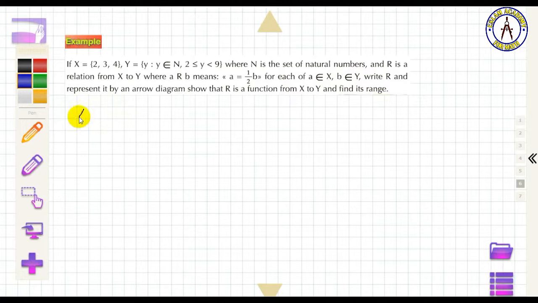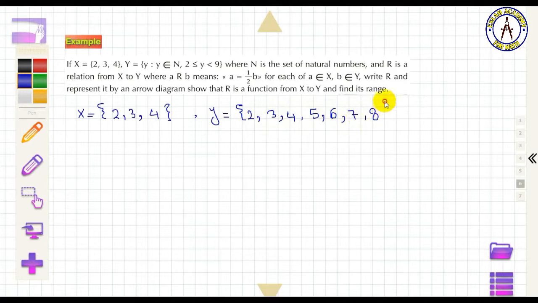At first we have to write the two sets. x equals 2, 3 and 4, and y equals all elements from 2 to 9, then it will be 2, 3, 4, 5, 6, 7, 8. We can't write 9 because y is smaller than 9.